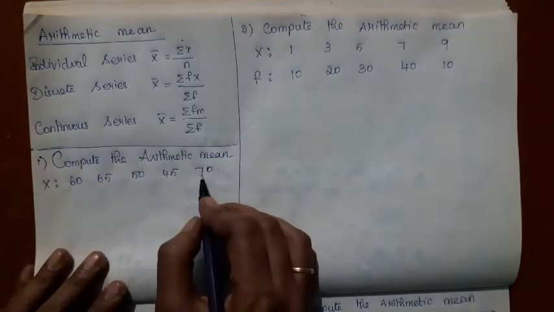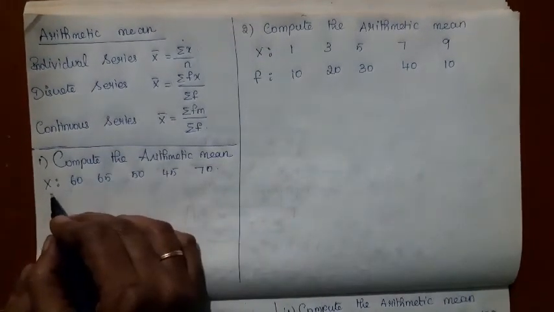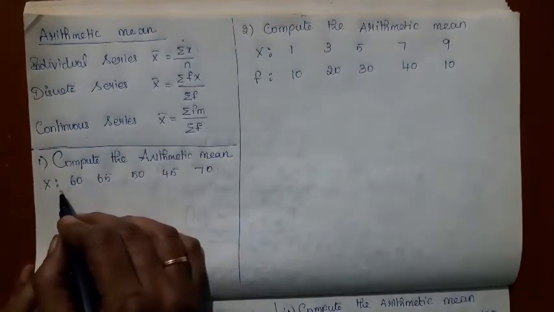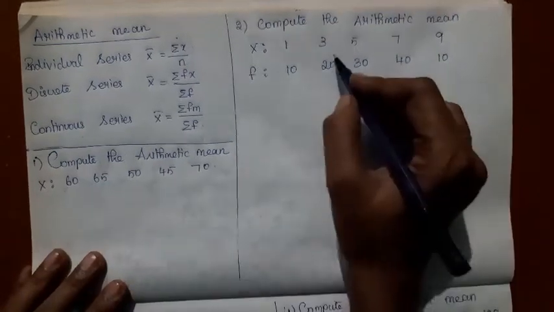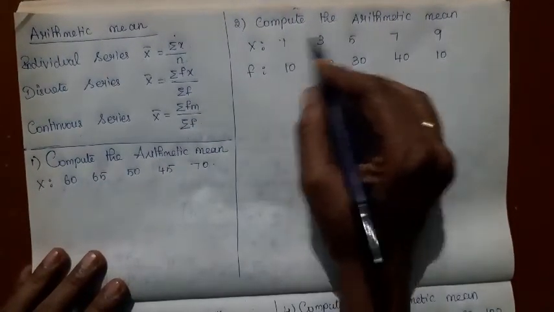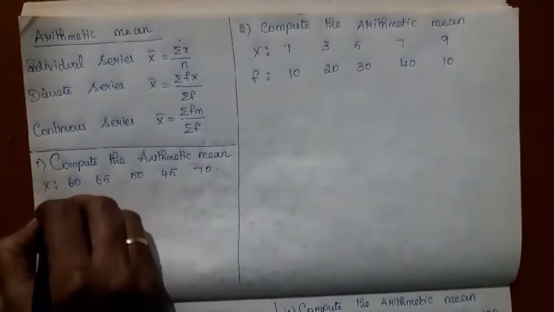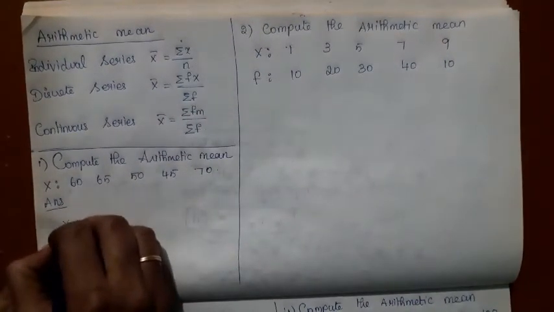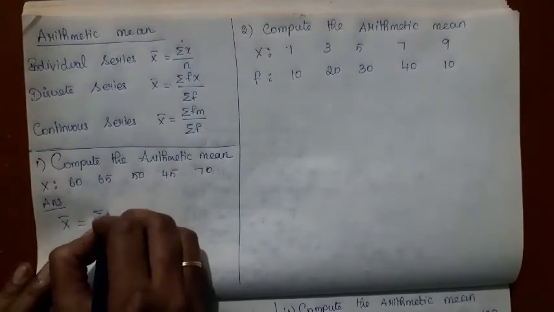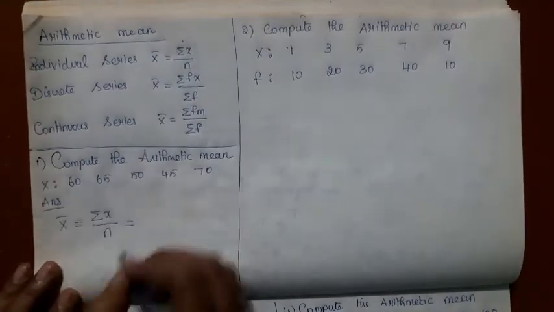See, here this is an individual series because the values are not grouped. You don't have frequencies. This is a discrete series because the values are grouped. Now for individual series, the formula for x bar is summation x by n.